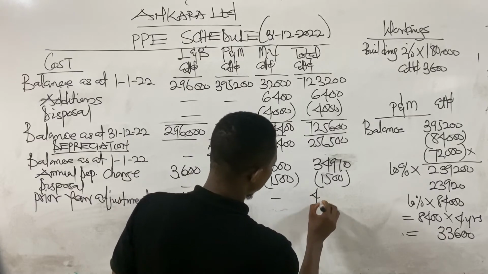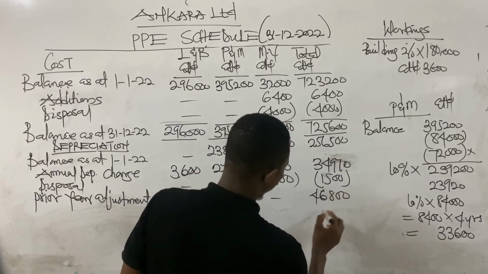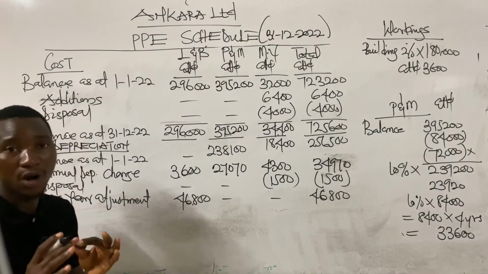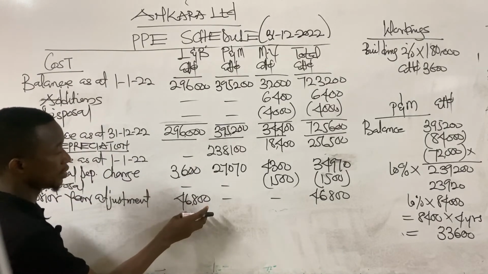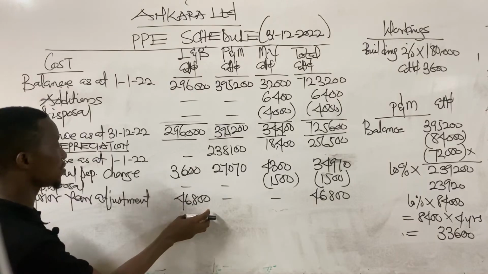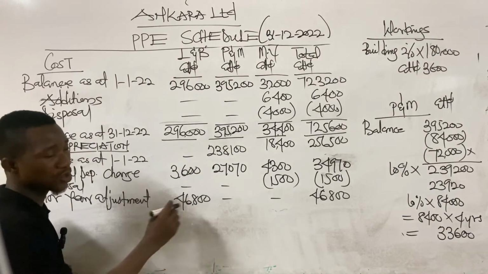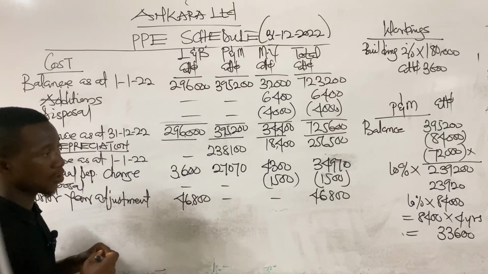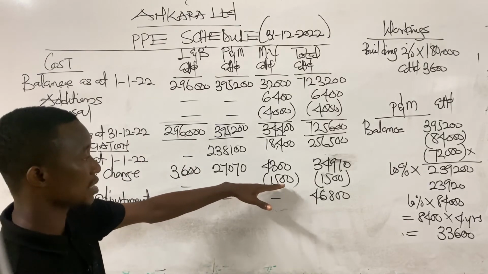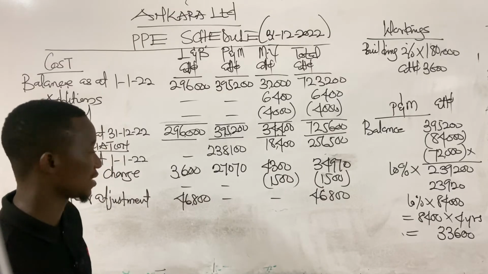So what we need to do now is add the depreciation, then the closing depreciation, or the depreciation at the close of the period, will be subtracted from the cost at the close of the period.